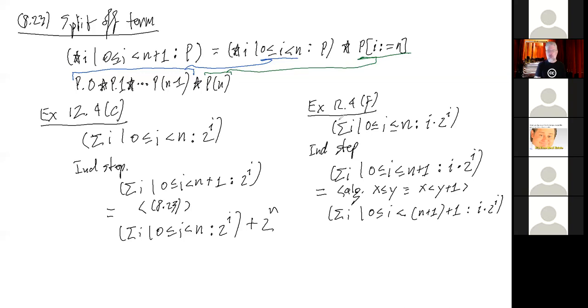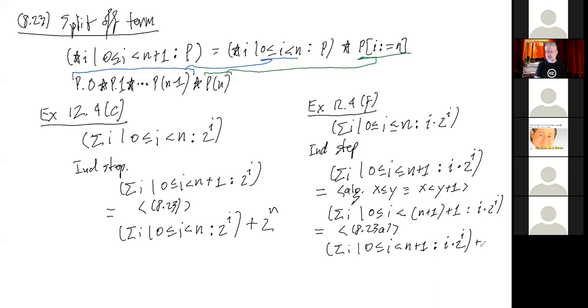And so now I can use 8.23a directly, and I get the sum over I, 0 at most I less than n plus 1, I times 2 to the I. And now I'm going to have P with I replaced by n plus 1.